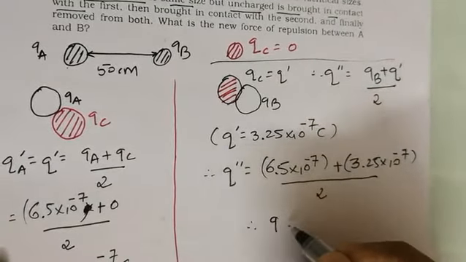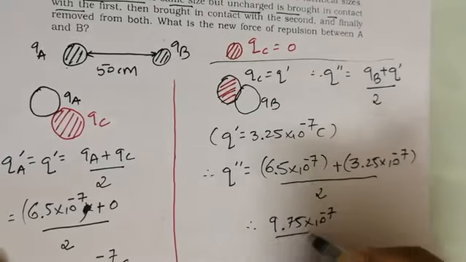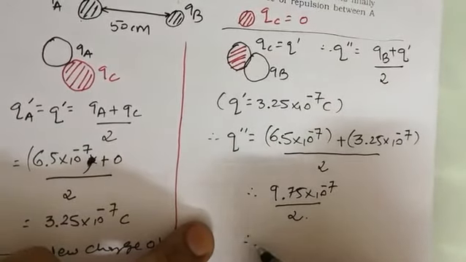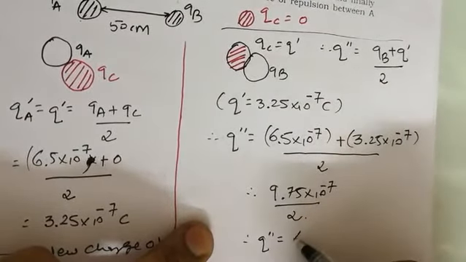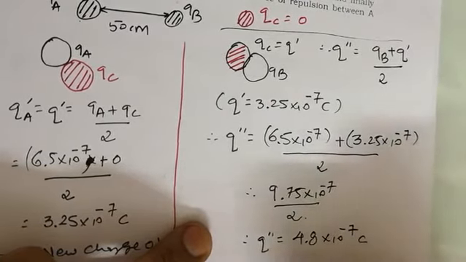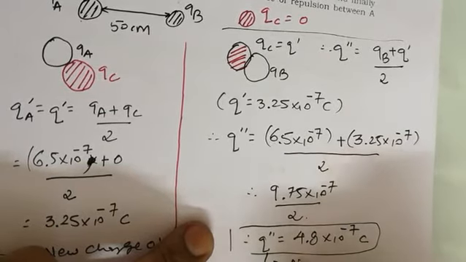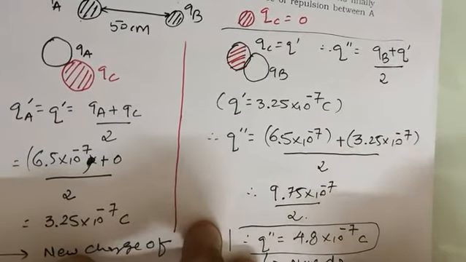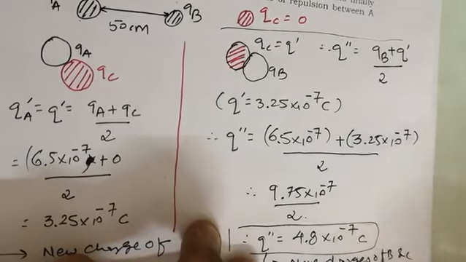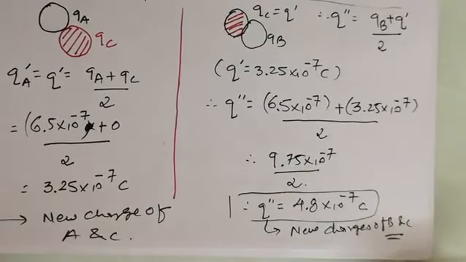So we can have 9.75 10 to the power minus 7 divided by 2. So we can have approximately Q double dash equals 4.8 10 to the power minus 7 coulombs. And this is the story of the new charges of B and C. But we have to find the new force.